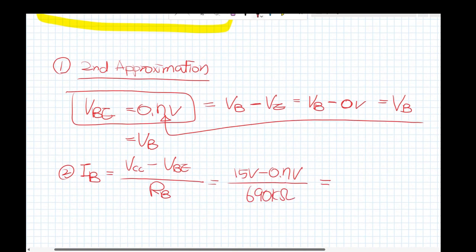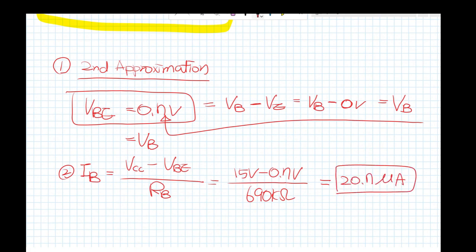After calculations, we get 20.7 microamp. Any question? Okay, all right, good.